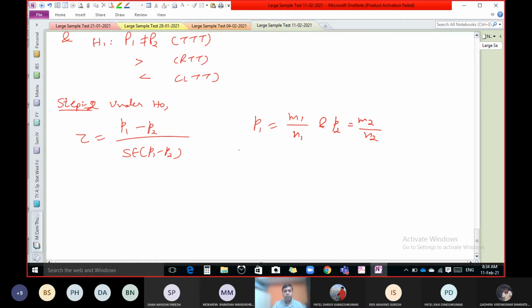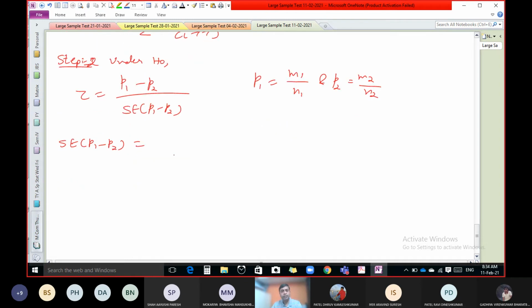So these are p1 and p2. And for the standard error, there is a formula. The standard error formula is capital P1 capital Q1 upon N1 plus capital P2 capital Q2 upon N2.